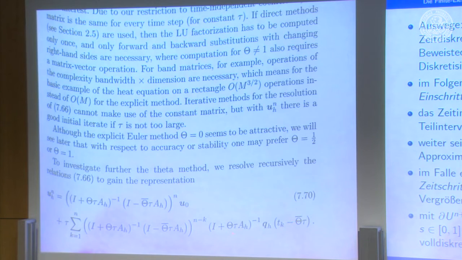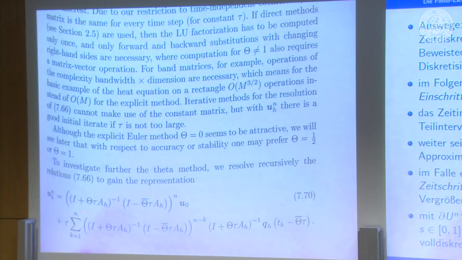And you see there's a strong similarity to what we have seen in the representation of the solution of the semi-discrete approximation. In the semi-discrete approximation, we had e to the minus A_h times tau times n, or we can also write it in another way: a matrix e to the minus A_h tau, and this matrix appeared in the nth power. And the same thing here.